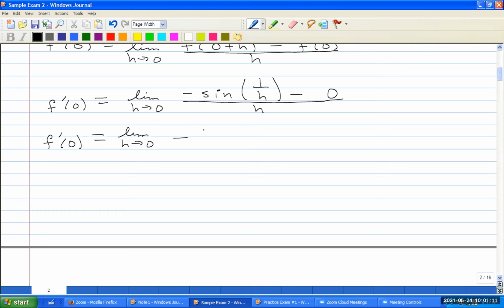Maybe I'll write it this way: negative 1 over h times the sine of 1 over h.